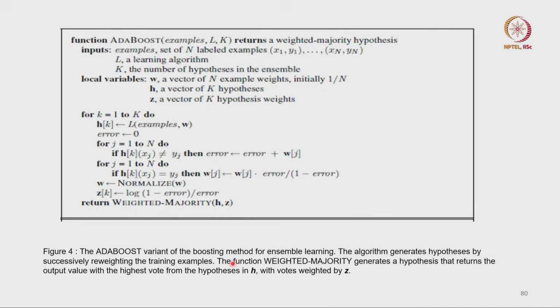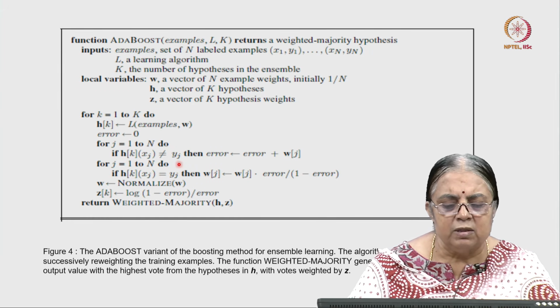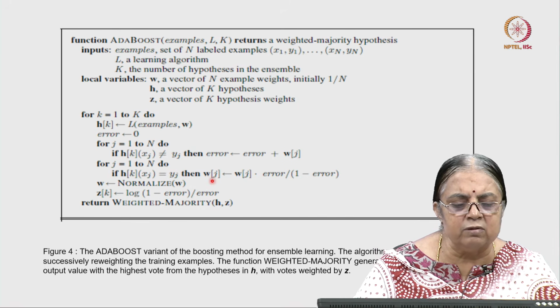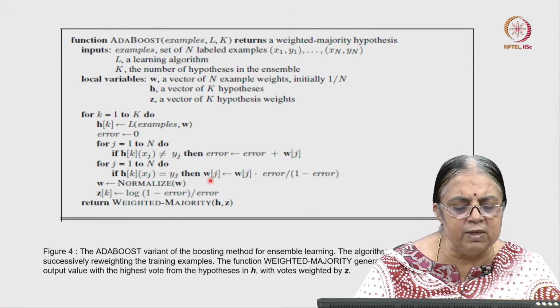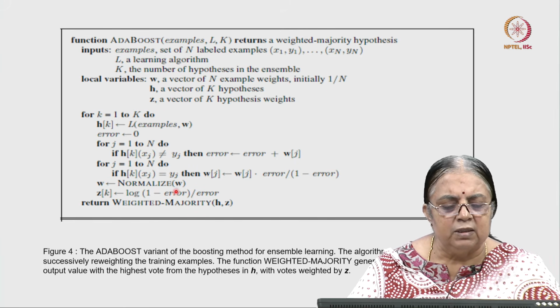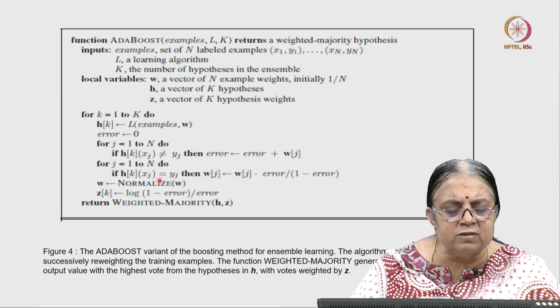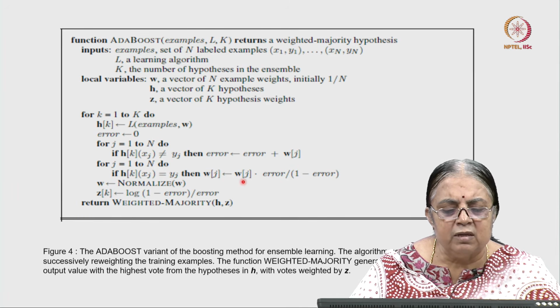So, here we have the AdaBoost algorithm. You can see that the weights are being changed. If the hypothesis output is equal to yj, in other words, if it is classified correctly, then you do this, otherwise you do this.